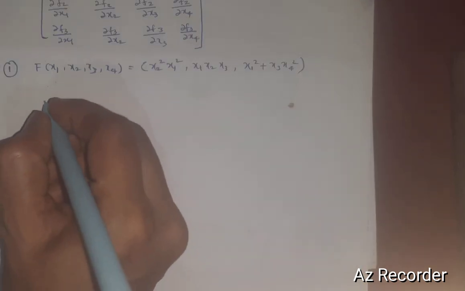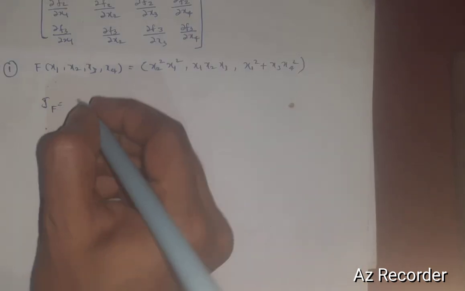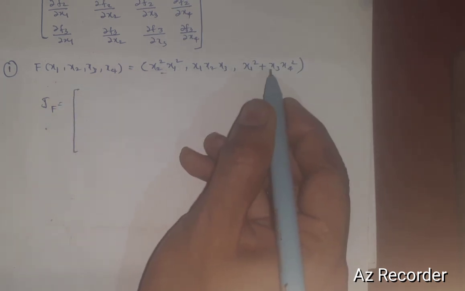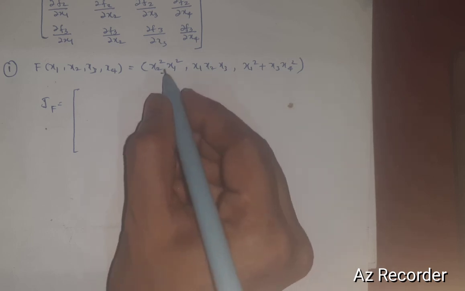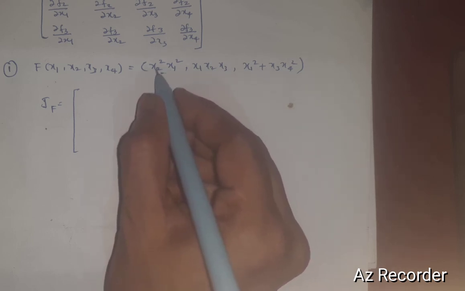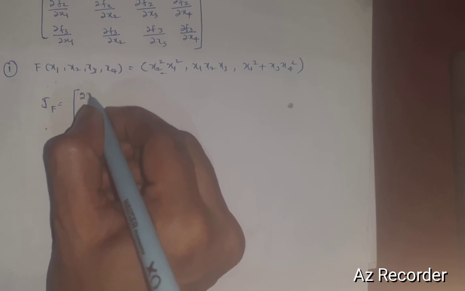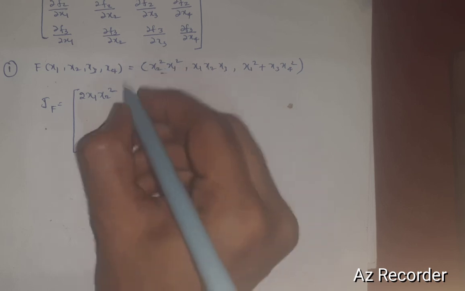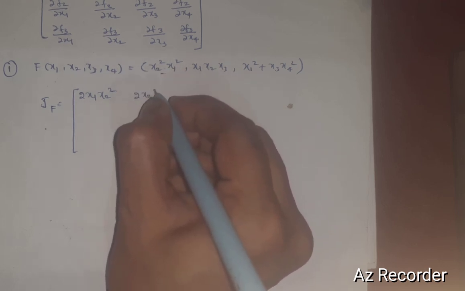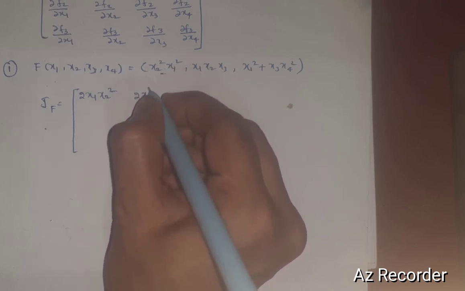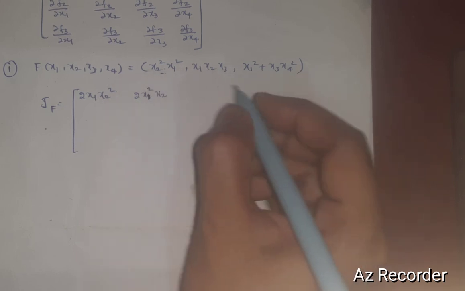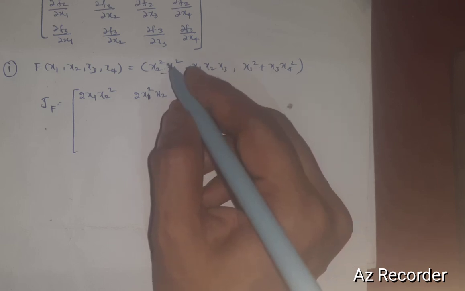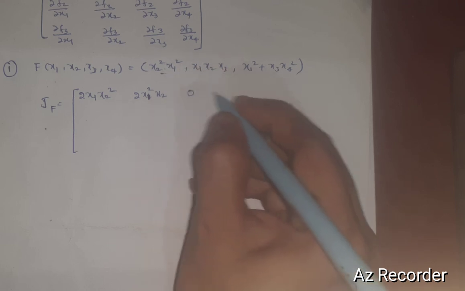Here the Jacobian JF is equal to, this is F1, this is F2, this is F3. So the derivative of F1 with respect to x1, you have to treat x2 as constant, so you will get 2x1 x2 square. With respect to x2, you will get 2x1 square x2. Next, here there are no terms of x3 and x4, so the partial derivatives of f1 with respect to x3 and x4 are 0.